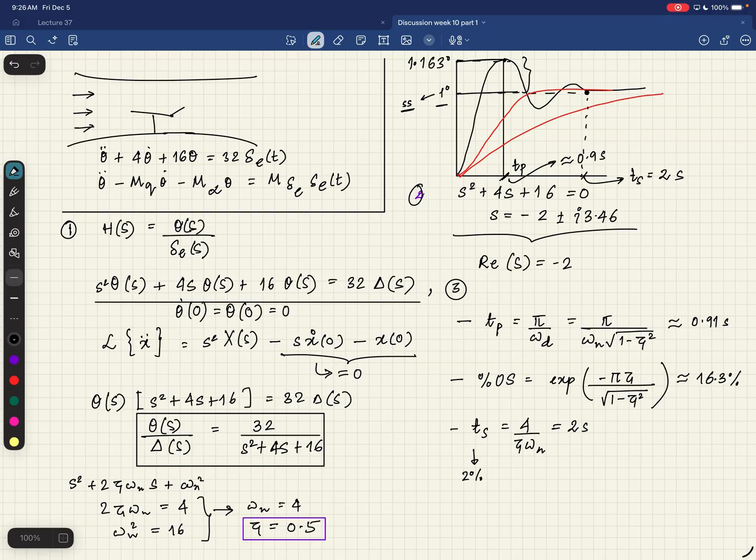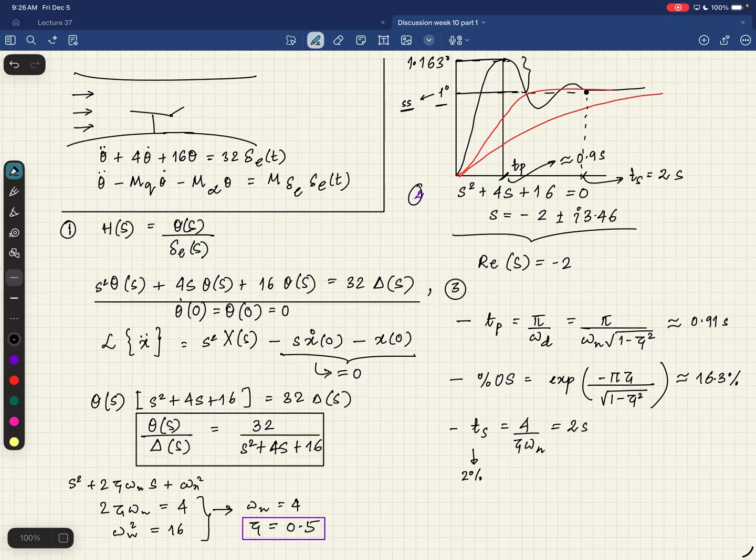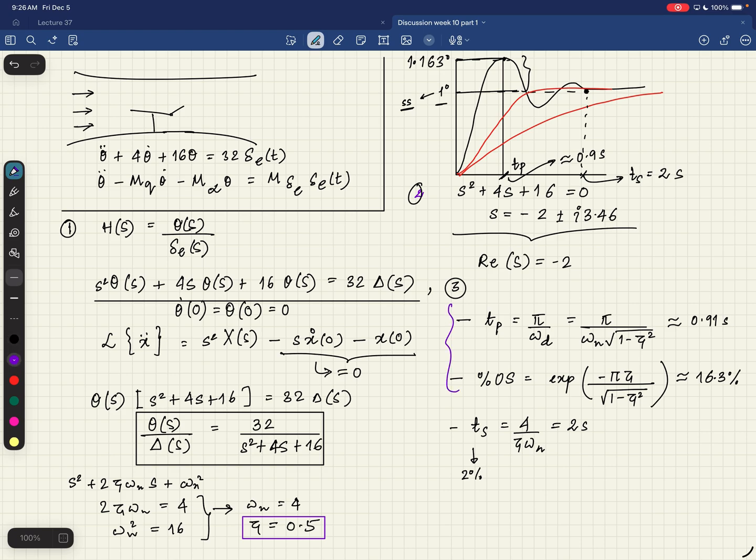So percentage overshoot and peak time are only defined for underdamped systems.